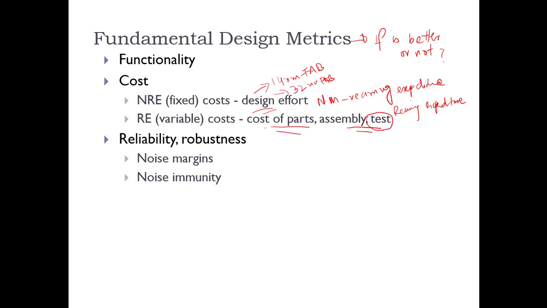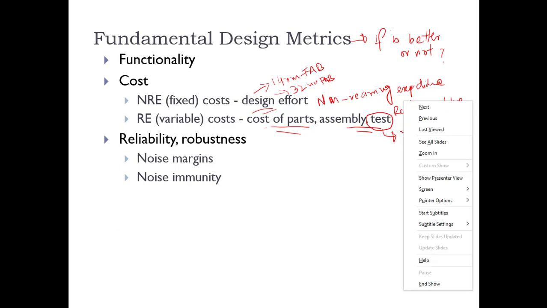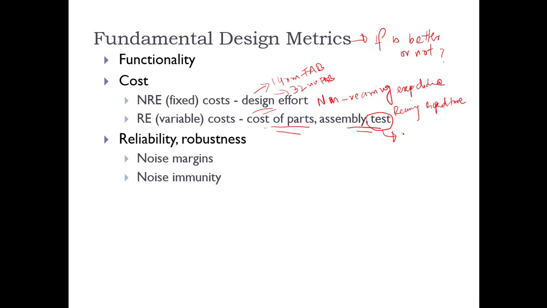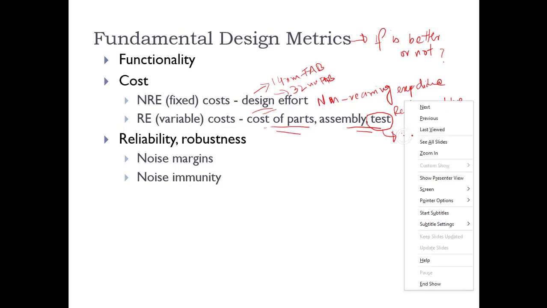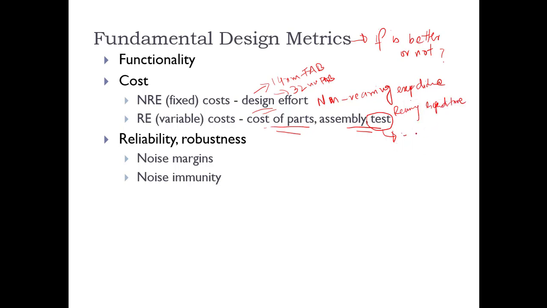Also note the testing. So obviously whatever you design, it needs to be tested. And remember that testing is a huge cost. Not even after manufacturing, during manufacturing you have to put a lot of effort. 80% of effort goes to testing.